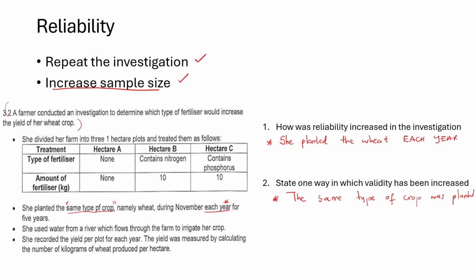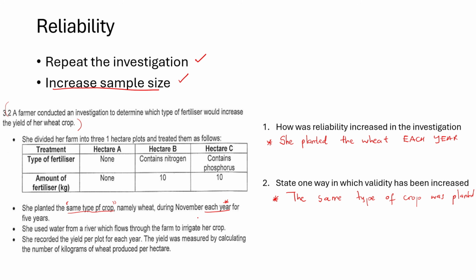And then look at this one, for example. For this one, they did not mention any number, so we won't consider the sample size. We'll consider the repeating of the investigation. You can see that here she planted the same type of crop during November. Each year she has repeated the investigation. So there are two ways of ensuring reliability.